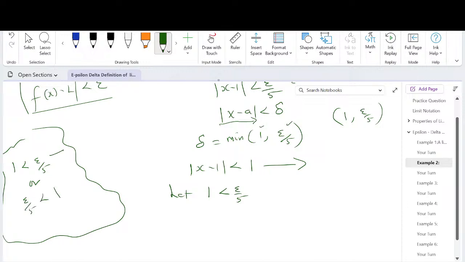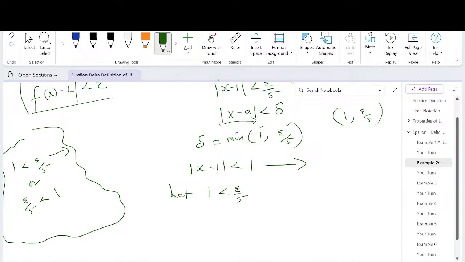In the first one you are saying that 1 is smaller, and in the second one you are saying that epsilon over 5 is smaller. Whichever you choose, you are still going to get your answer, so no problem. If you're writing the exam, you can take the two ways, first use this, then use the second one as well.